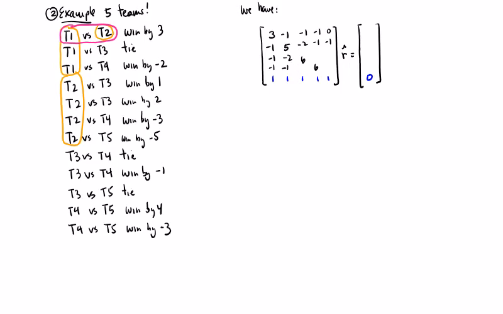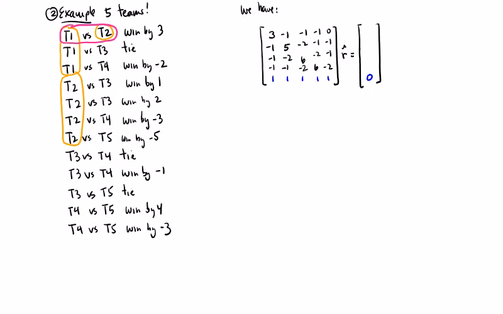So then we look at Team 3 and Team 4. Team 3 and Team 4 played 2 games, so a -2 and a -2. And Team 3 and Team 5 played 1 game, so -1. And Team 4 and Team 5 played 2 games, so -2.